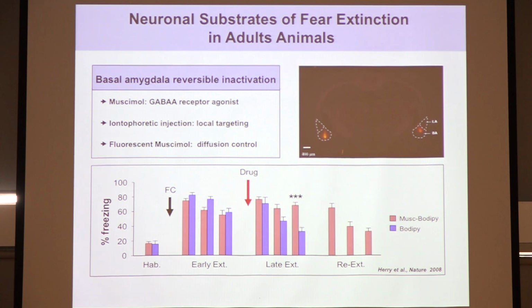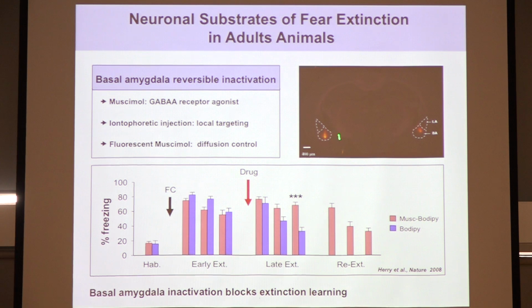In comparison, if you inject the muscimol before the second extinction in the group in red, the muscimol injected animals, you see that you completely block extinction learning. And this was not an effect due to a lesion, because the next day in a drug-free situation, if you re-expose the animal to the sound, they extinguish the fear. So this demonstrates that the basal amygdala inactivation completely blocks extinction learning.